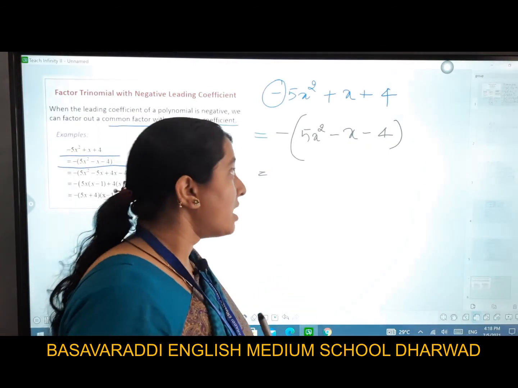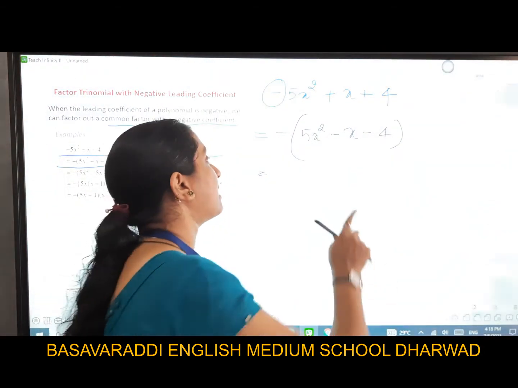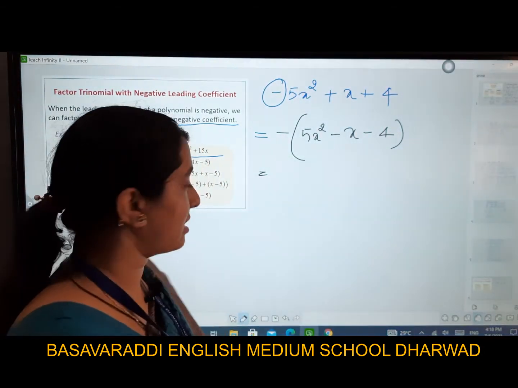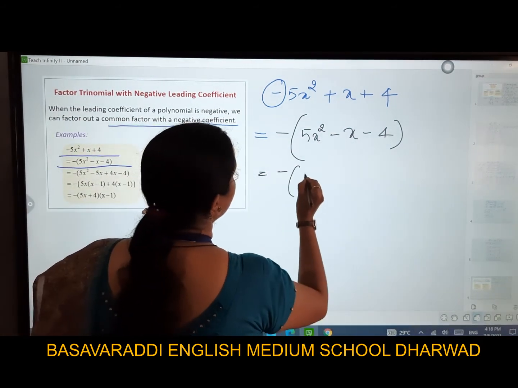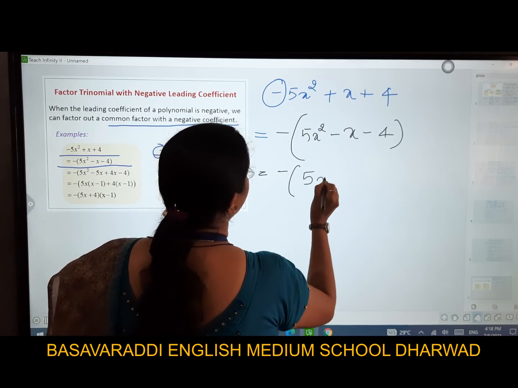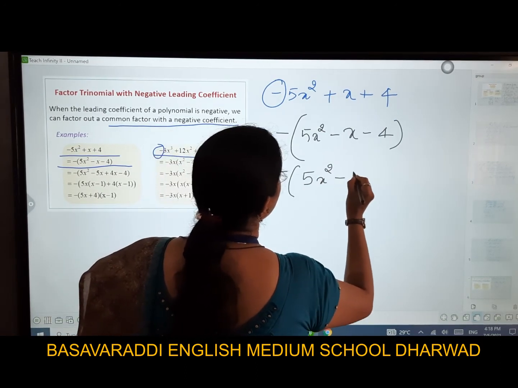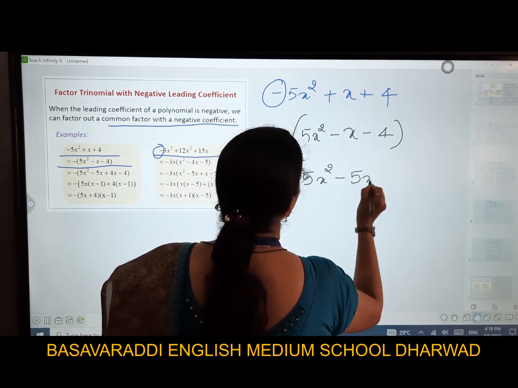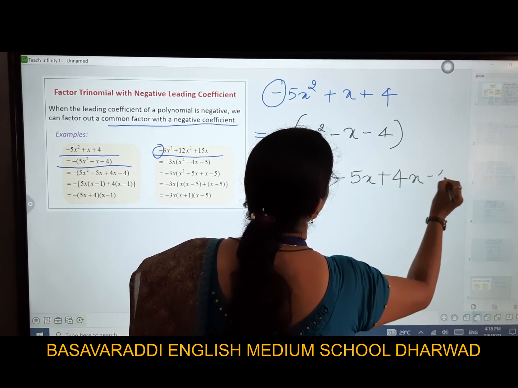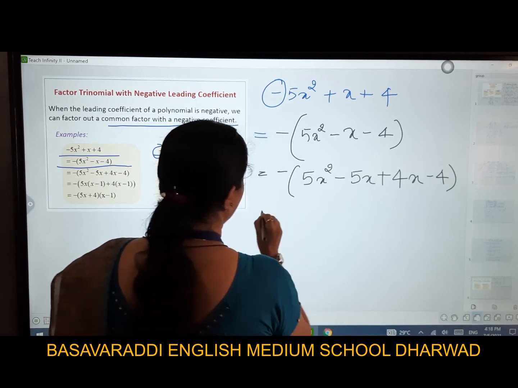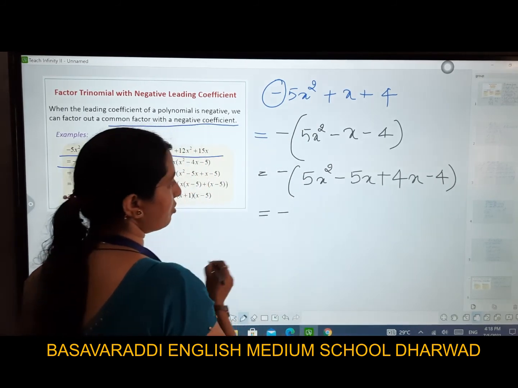But when you add those two numbers, you should get minus x. So the two numbers are, keeping this minus outside, we have 5x square minus 5x plus 4x minus 4. So therefore, keep minus outside.